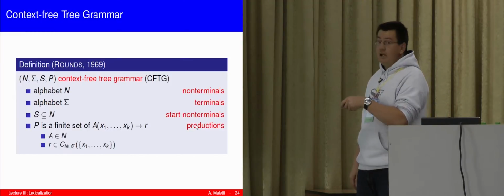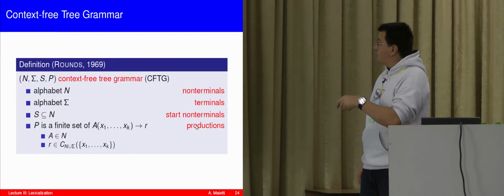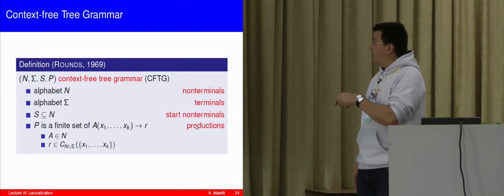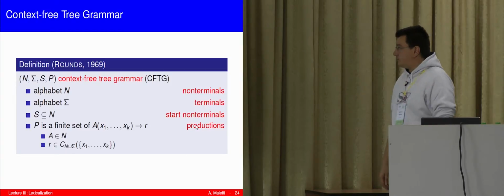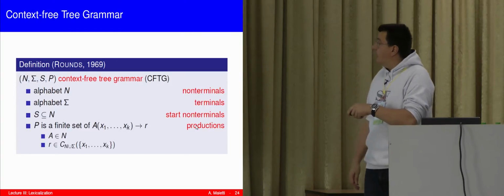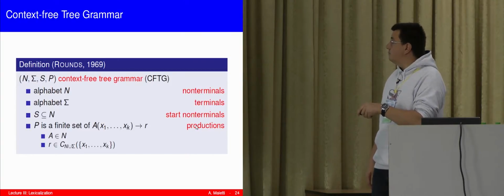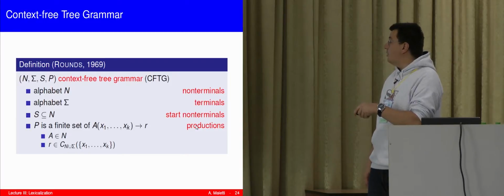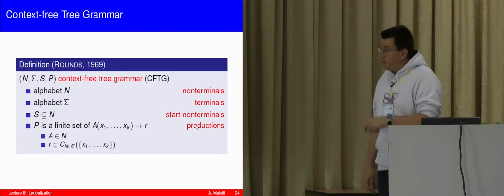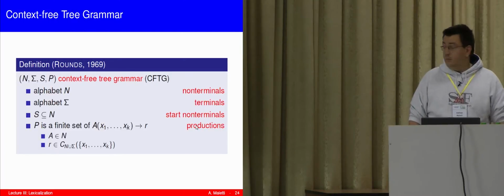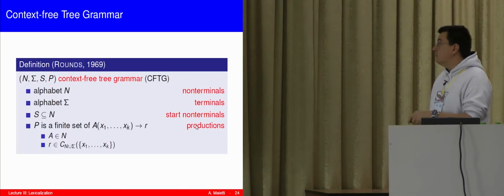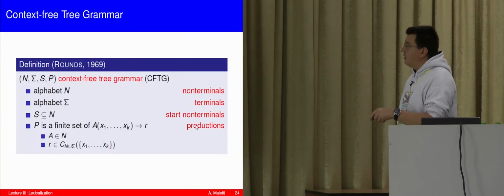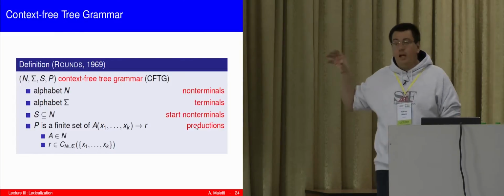The production set looks like this. Each production is a non-terminal followed by a bunch of x's, variables, and it goes to a right-hand side. And the right-hand side is a tree in which the non-terminals may occur, the internal symbols may occur, and the variables x1 to xk may occur. Of course, the variables can only occur at the leaves. And there's a restriction, this is why there's a C here, for the device that we'll look at.